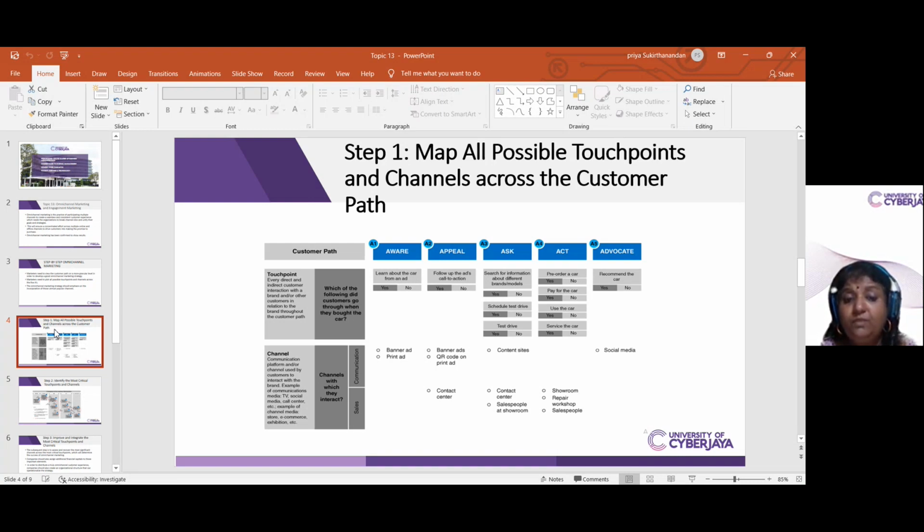So here you must ensure that the channels of marketing, for example, to be aware, you're looking at your banner and your print ad, and how does it actually appeal? You are following up with the ad's call to action.